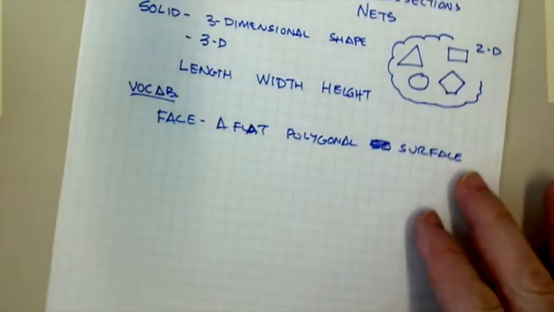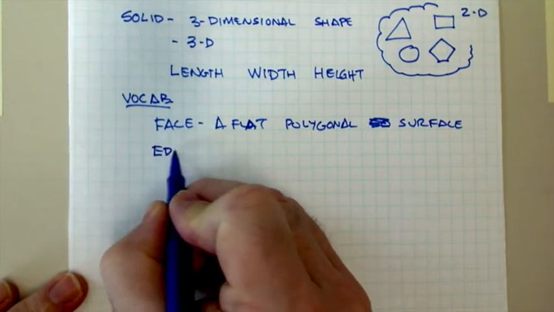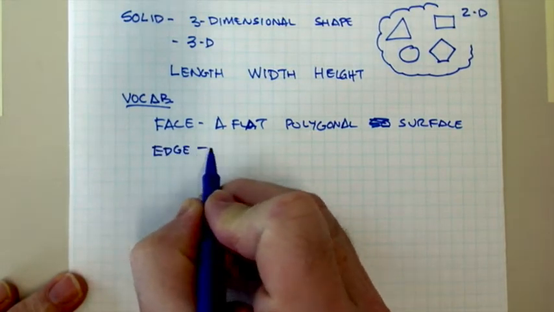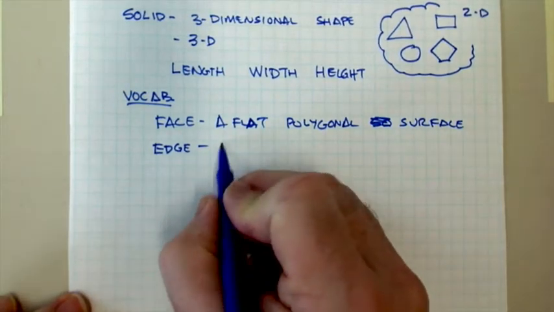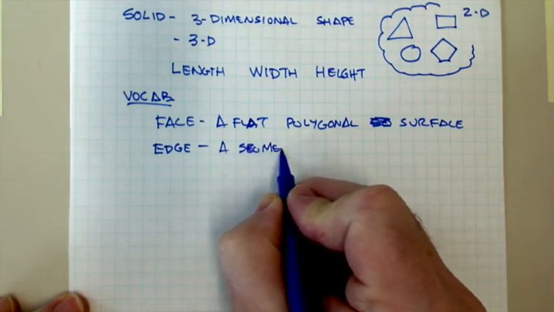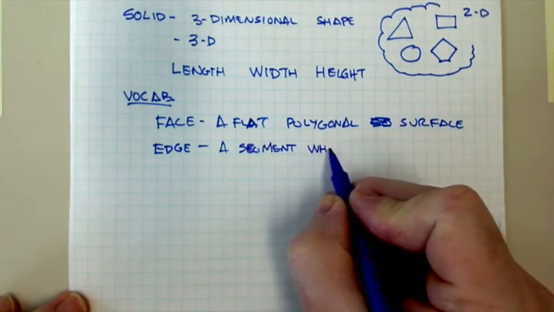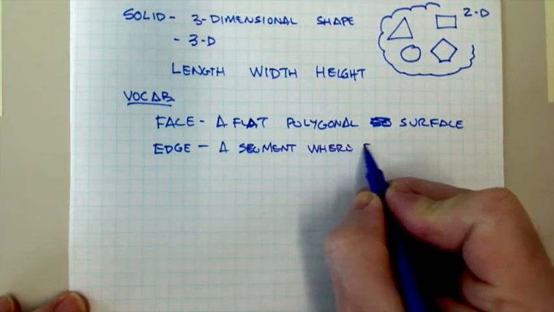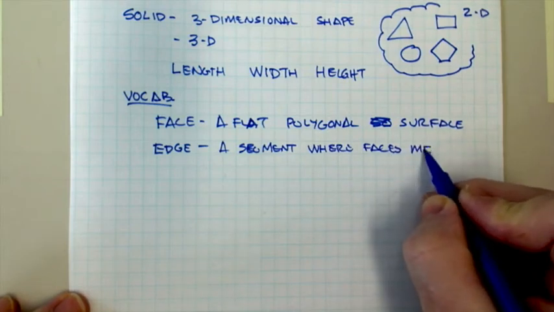Okay. Next term I want to talk about is an edge. Flat surface was the face, an edge is going to be a segment, and that segment is where 2 faces meet or intersect.